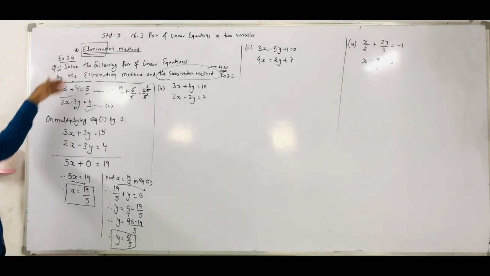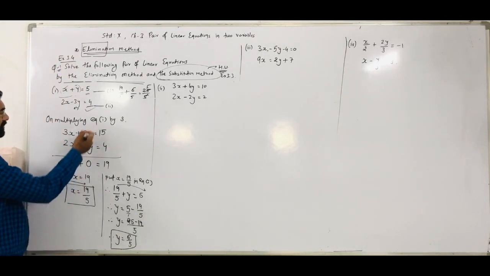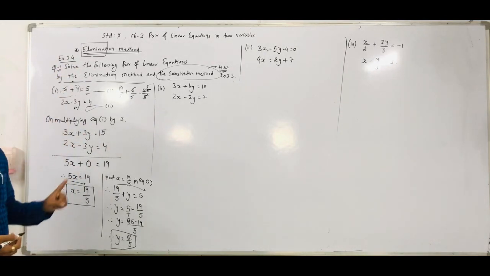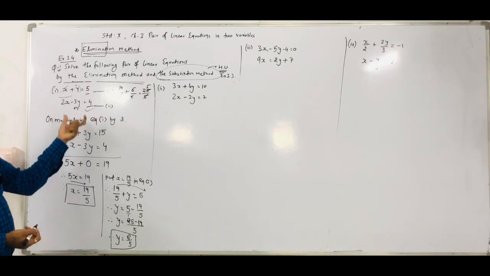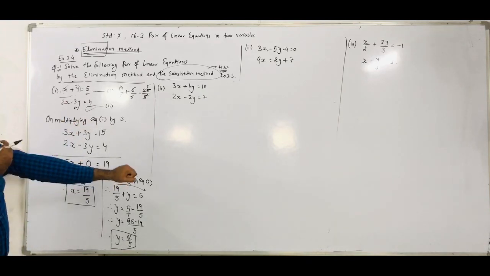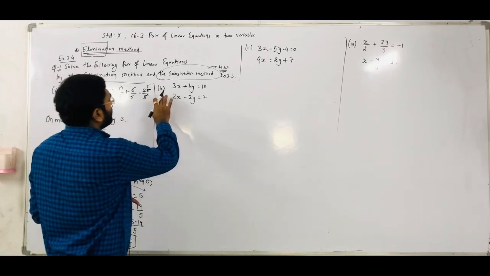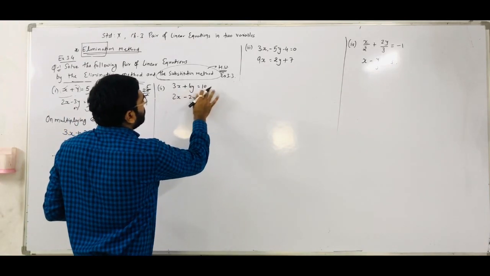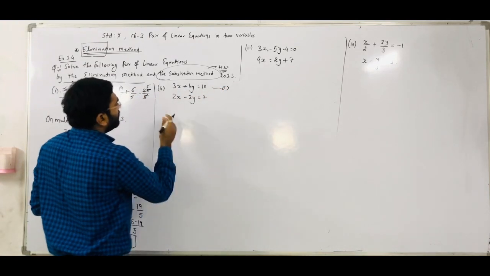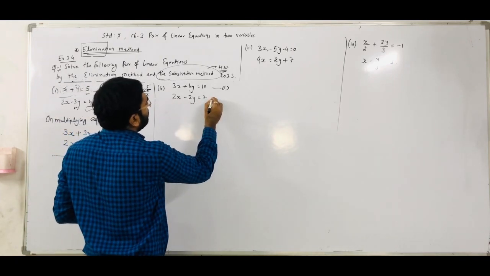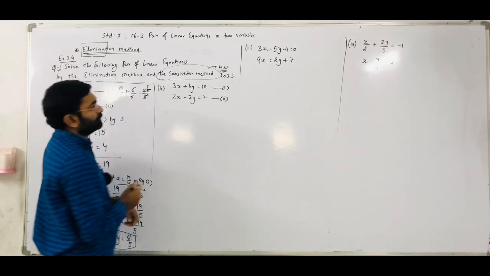Okay, so that is a very simple elimination method, in which we eliminate one of the variable terms using a multiple of any number. Right? So here observe: 3x plus 4y is equal to 10 is equation number 1. 2x minus 2y is equal to 2 is equation number 2.